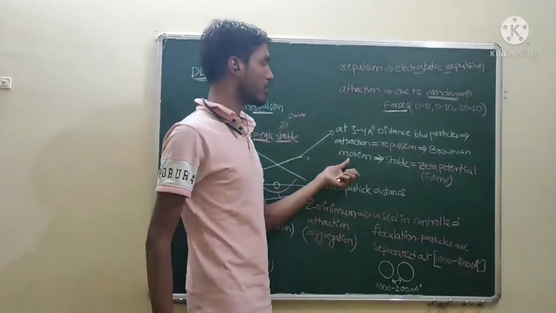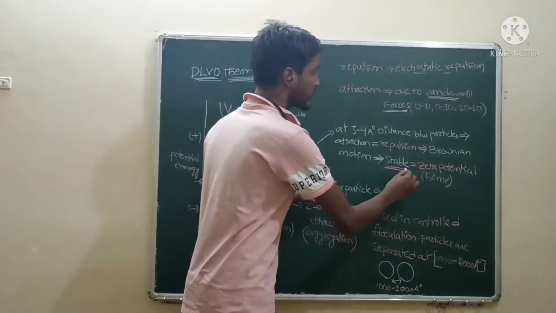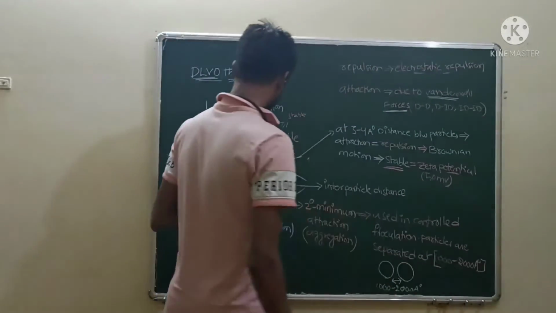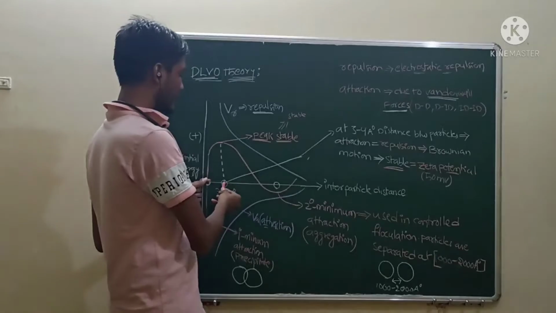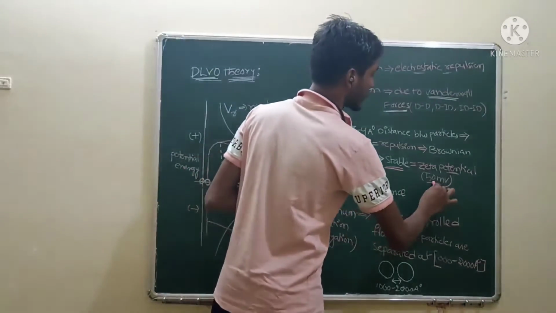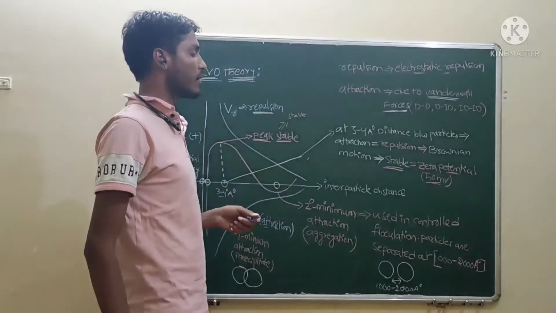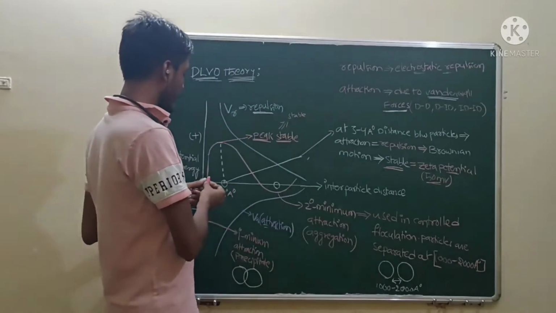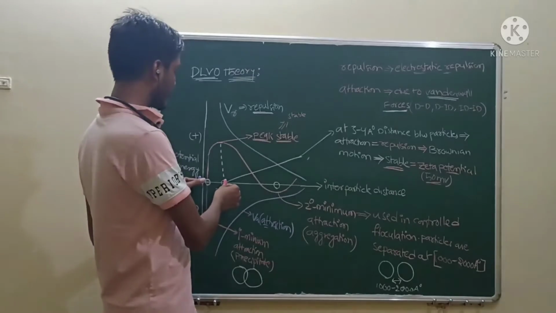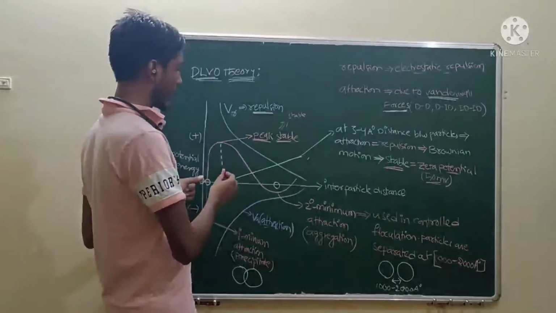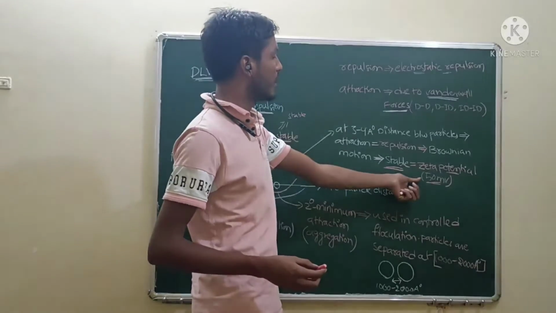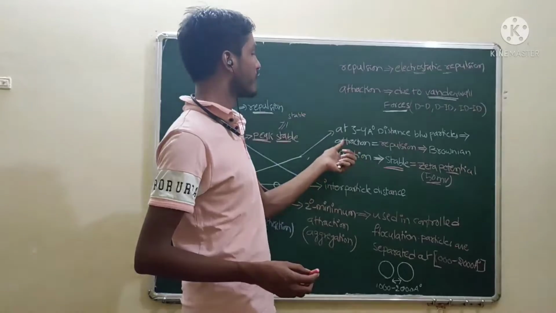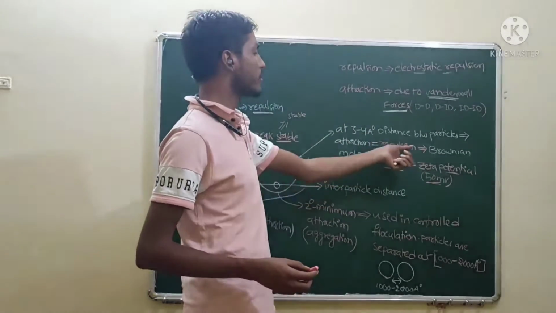The particle exhibits Brownian motion, which leads to stabilization of that colloidal dispersion, and at that distance the zeta potential is 30 millivolt. When the distance between the particles is 3 to 4 angstrom, the zeta potential is 30 millivolt, and there is formation of a stable colloidal dispersion, and the particles exhibit Brownian motion.